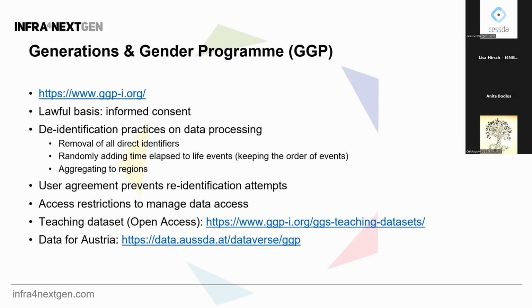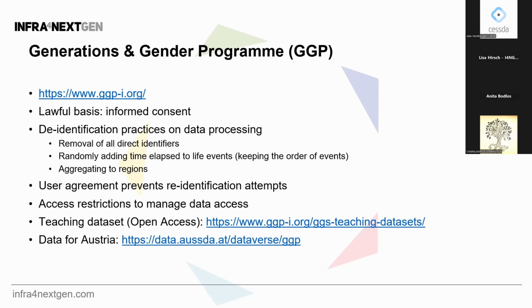There is also a teaching dataset available, which is open access, which contains less of this identifying information. So this is also one option researchers have, which is also offered at the Austrian Social Science Data Archive.